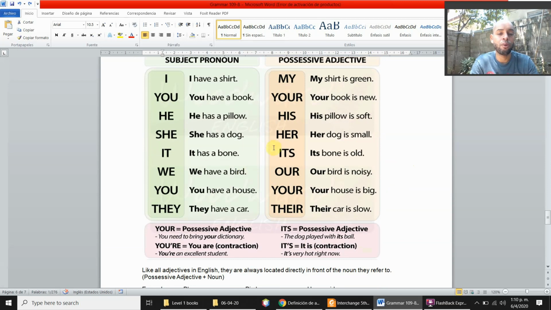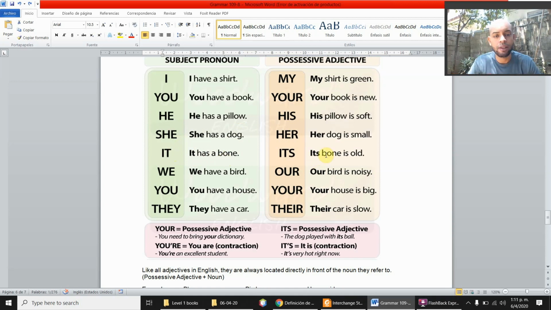It has a bone. Its bone is old. Referring to a thing or an animal. Imagine it was talking about a dog. The continuation of these sentences: She has a dog. It has a bone, meaning the dog has a bone. Its bone is old.